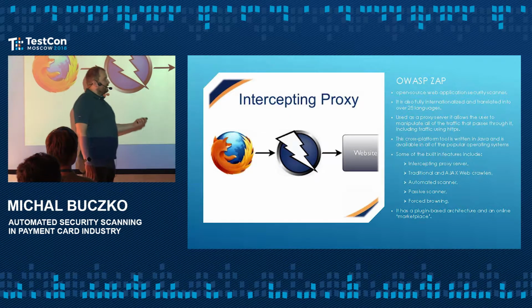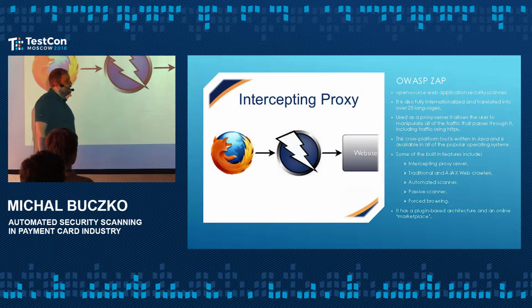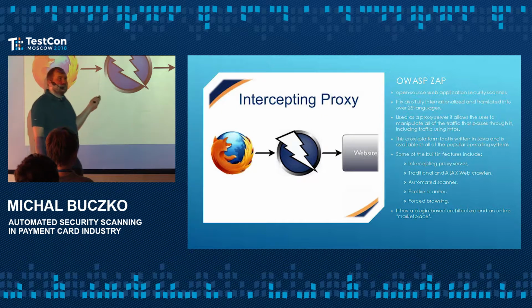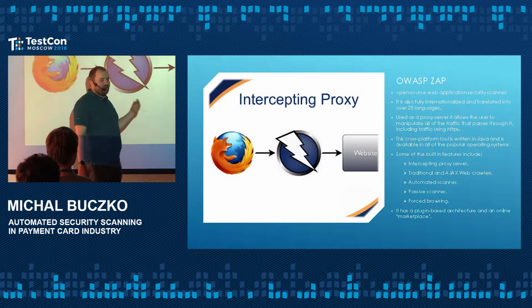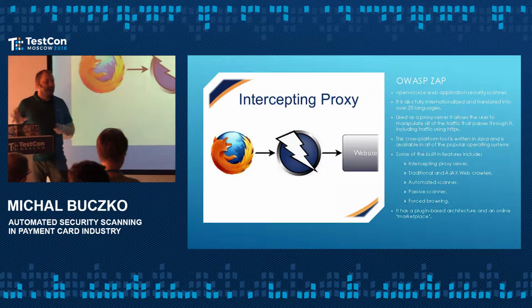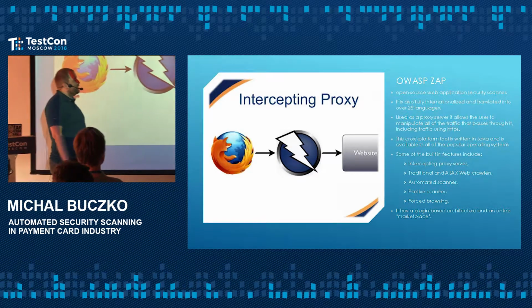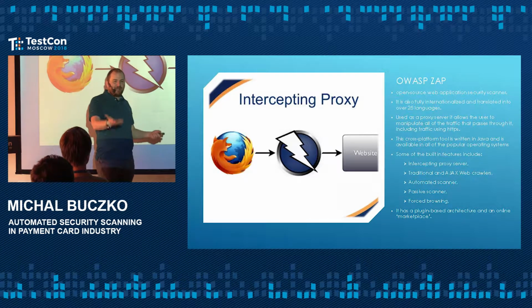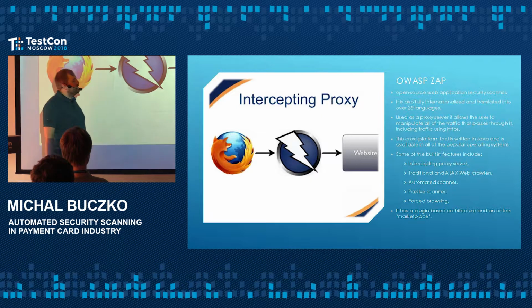And the features: it has the proxy server in it, it has Ajax web crawlers, it has an automated scanner, passive scanner, forced browsing. If it finds any SQL injections or CSRF or anything like this, it allows you to reproduce it easily or create a CSRF related form just to make a manual double check, if it's a false positive or you are able to run a successful attack on your application.